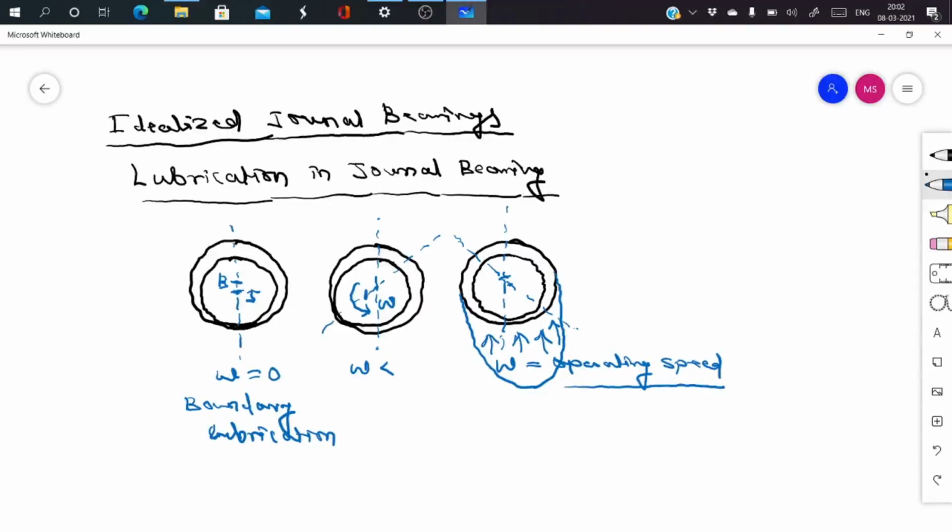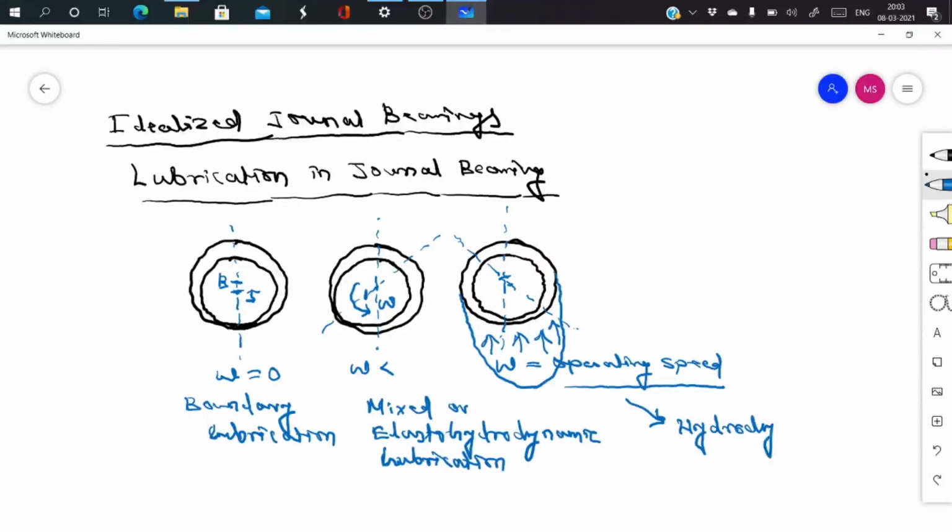When it is at low speed, this is called mixed or elasto hydrodynamic lubrication, and then the last one is referred to as complete hydrodynamic lubrication.